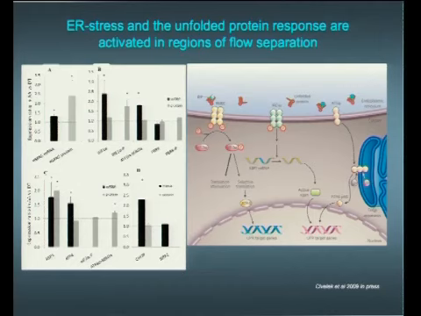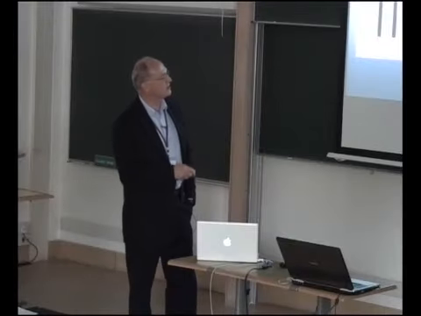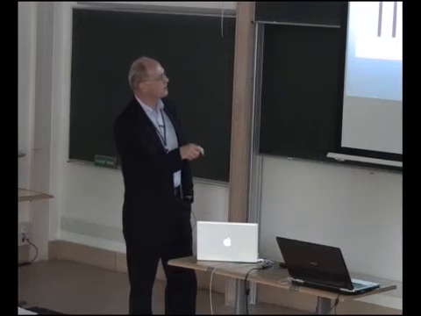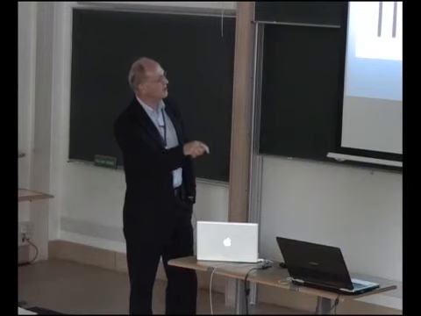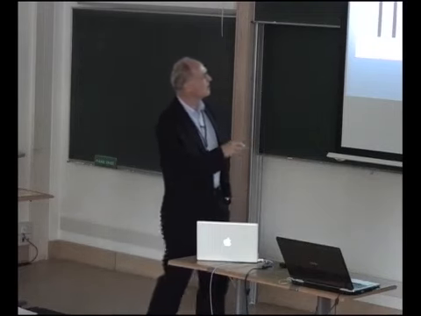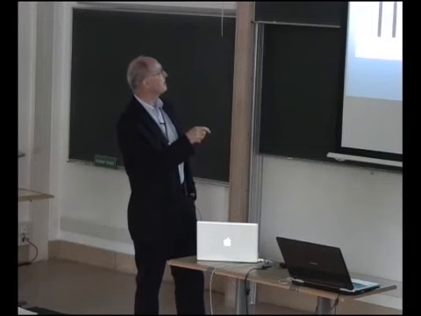What Mete Civelik, who's just graduated with his PhD, just last week went on to a postdoc at UCLA, was elegantly able to demonstrate is that when you look at the mRNA level of the players in this pathway, or you look at the protein expression or activation of the phosphorylated form of these pathways, 2 of the pathways, the IRE1 alpha, ATF6 pathway, splicing of XBP1 mRNA, these are activated.